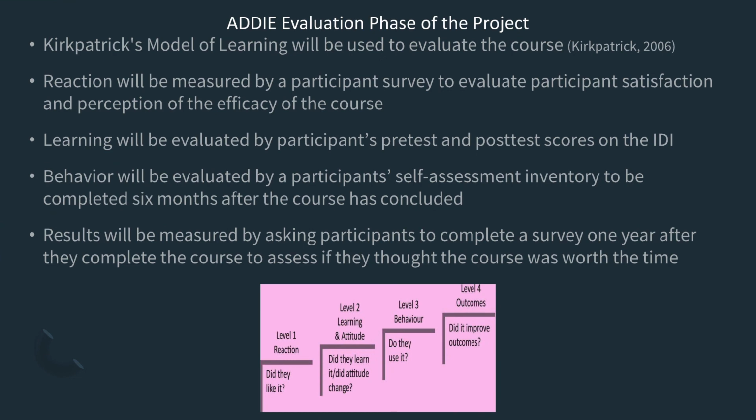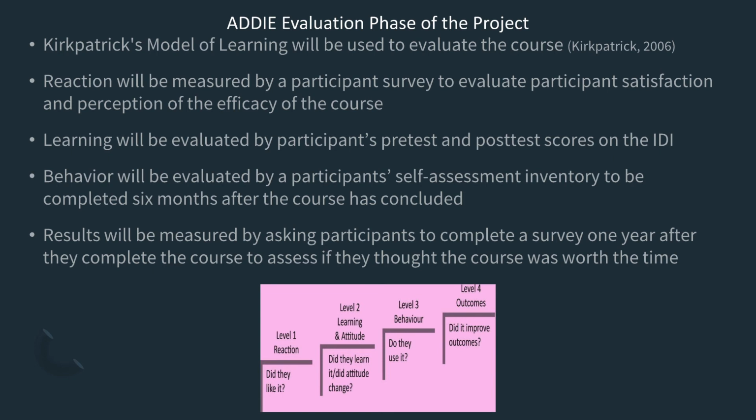In the evaluation phase of the project, we'll use Kirkpatrick's model of learning, which includes reaction, learning, behavior, and results. In the reaction phase, we'll measure it by participant survey to evaluate participant satisfaction and perception of the efficacy of the course. Learning will be evaluated by pre-test and post-test on the IDI of the participants.